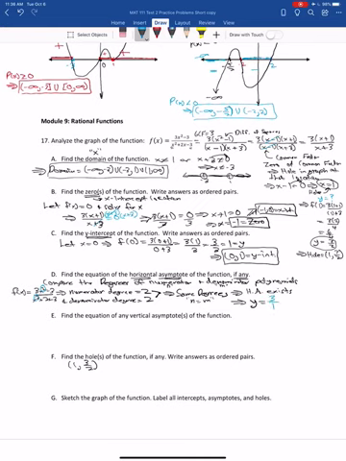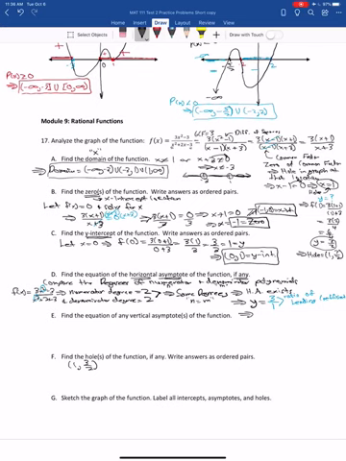So our ratio of leading coefficients, let's write that down here. Anytime the degrees are the same, the ratio of leading coefficients is where our graph will flatten out horizontally.